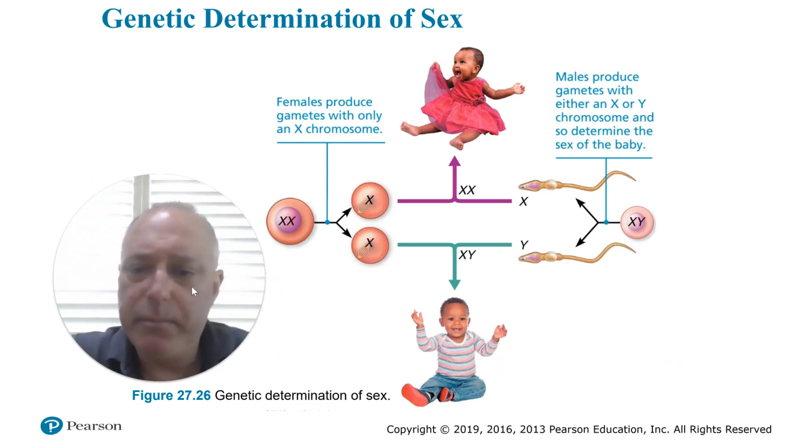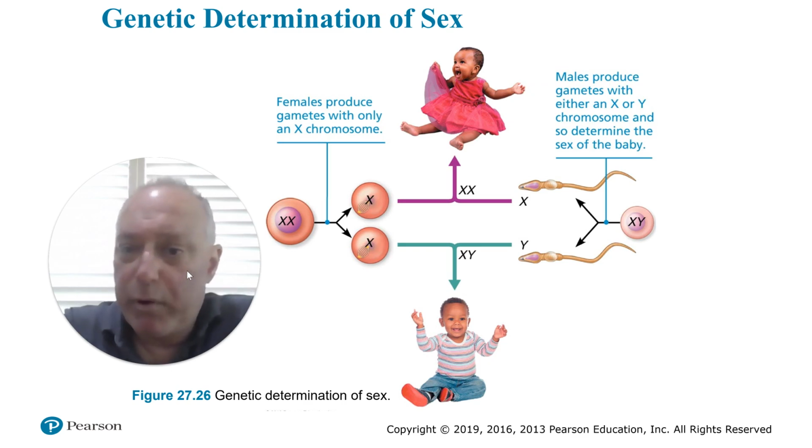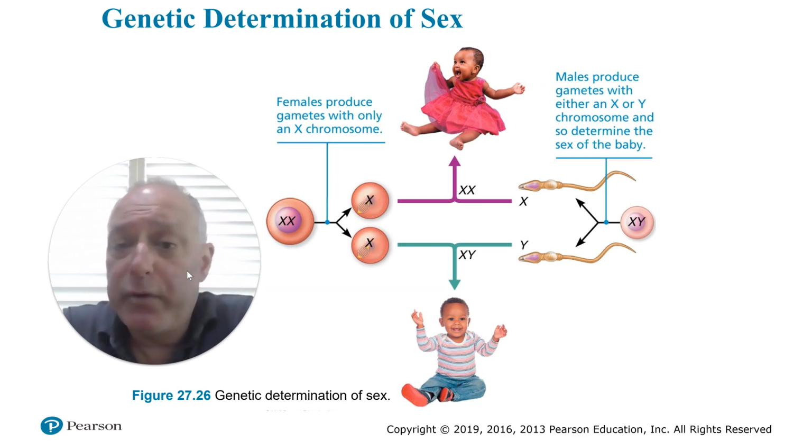Okay, and lastly, let's look at sex chromosomes. We talked about 46 chromosomes per person, 23 from mom, 23 from dad. Well, the first 22 are somatic, and then the last one is the sex one. So our sex chromosomes determine our sex.